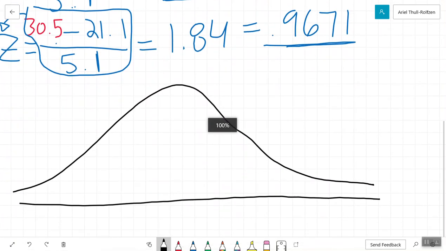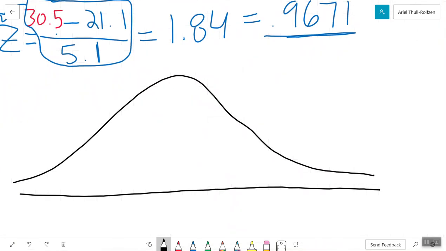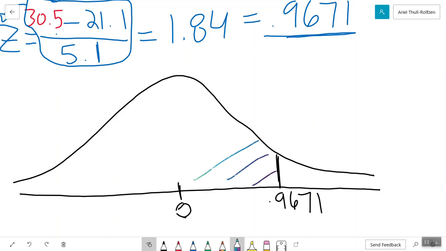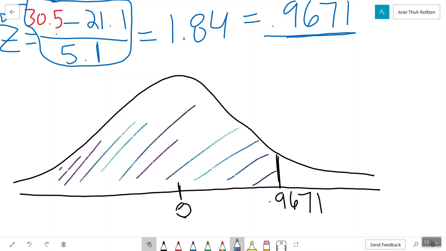I'm going to draw a 0 here. And up here, I'm going to put 0.9671. That means that 96.71% of my data lie all the way down on this side of the normal distribution curve.